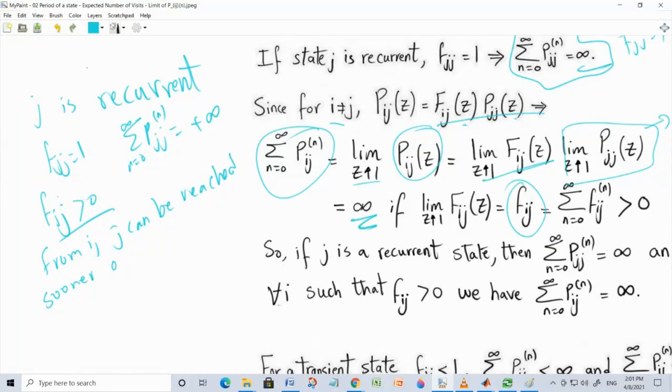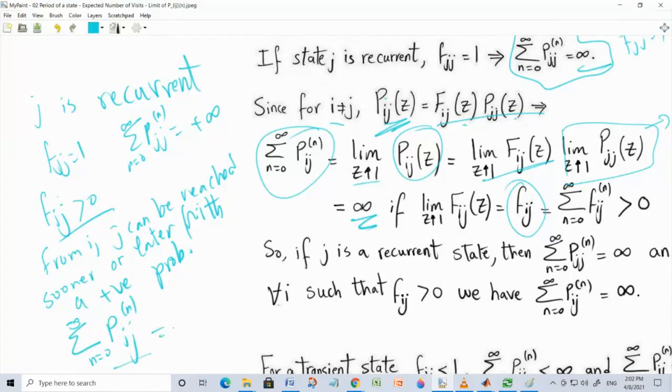Okay, so j can be reached sooner or later with a positive probability. So in that case, using the relationship between the probability generating function of the p probabilities and the f probabilities, we show that the summation n from 0 to infinity of pij of n also equals plus infinity.